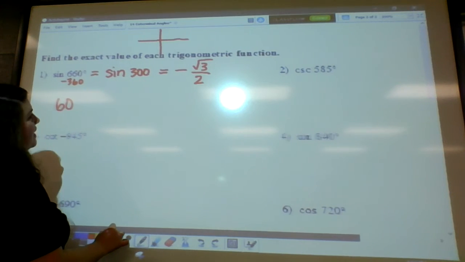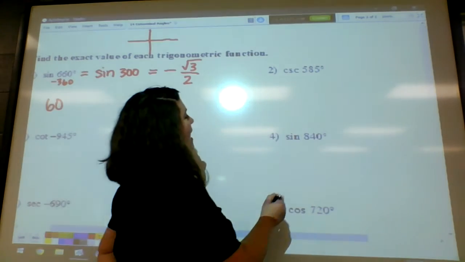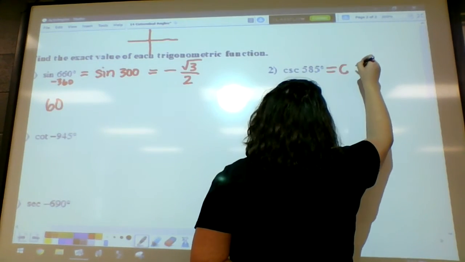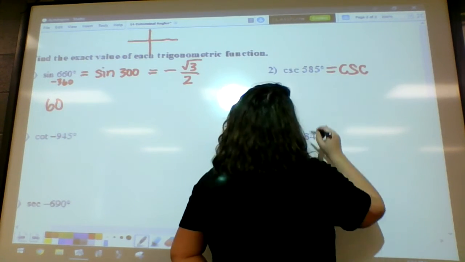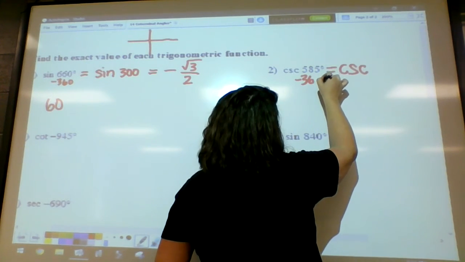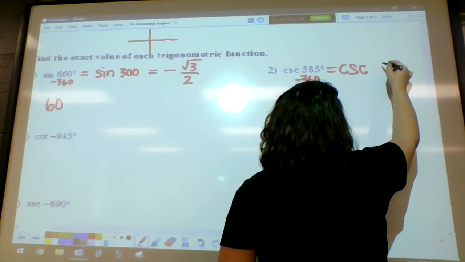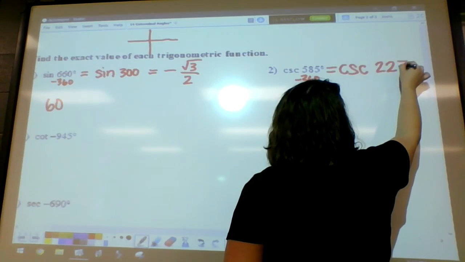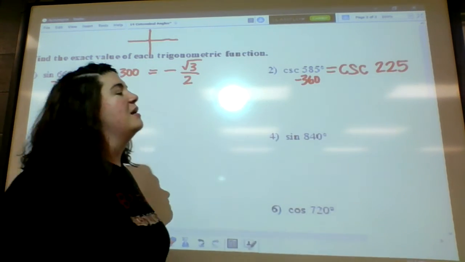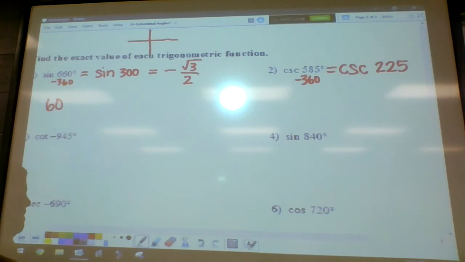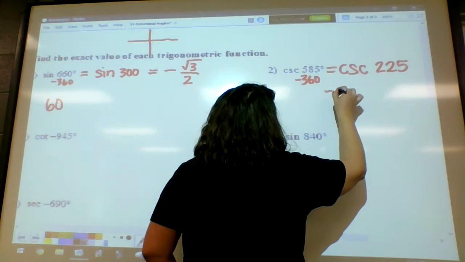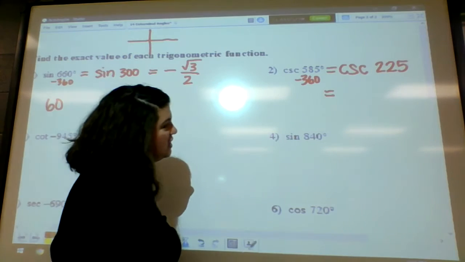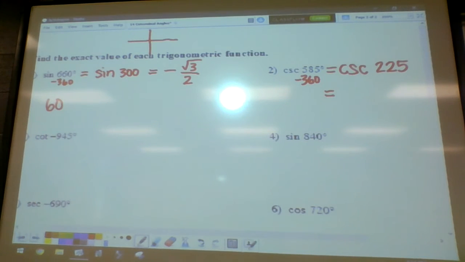All right, cosecant of 585. So we need a coterminal angle. So subtract 360. What do we get? 225. So we can use the cosecant of 225 instead to evaluate this. And 225 is in what quadrant? The third. Is cosecant positive or negative in the third quadrant?